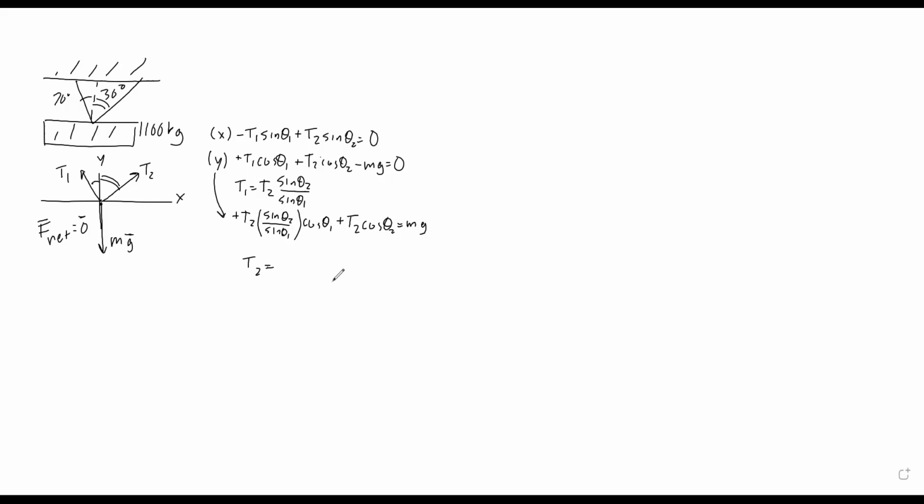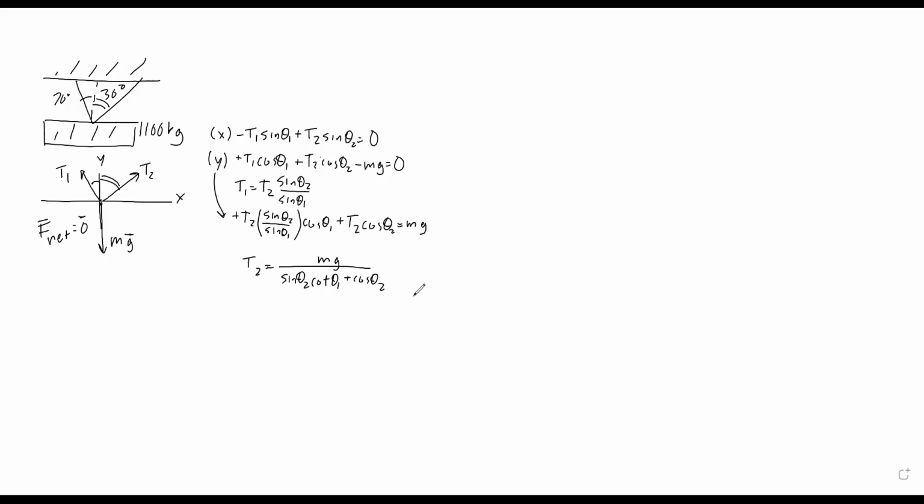So T2 is mg, pulling out the T2 and dividing it. This is cotangent of theta 1 times sine of theta 2. So the bottom part will be sine of theta 2 cotangent theta 1 plus cosine theta 2. It's all over mg.